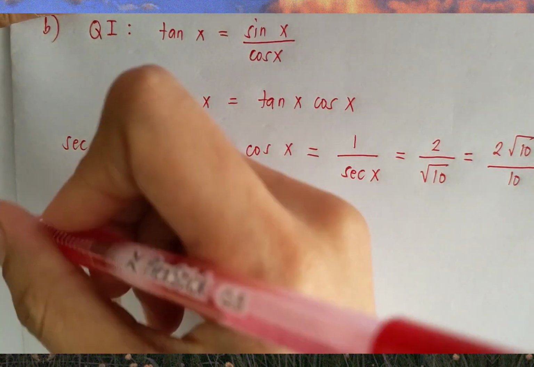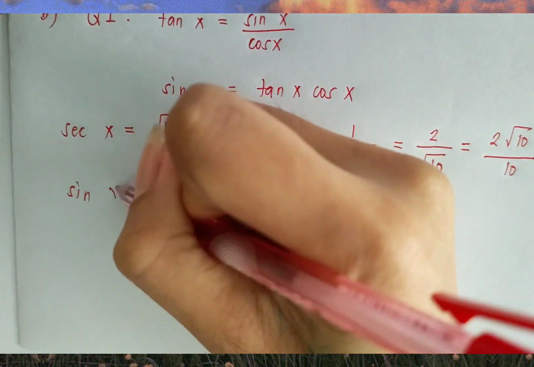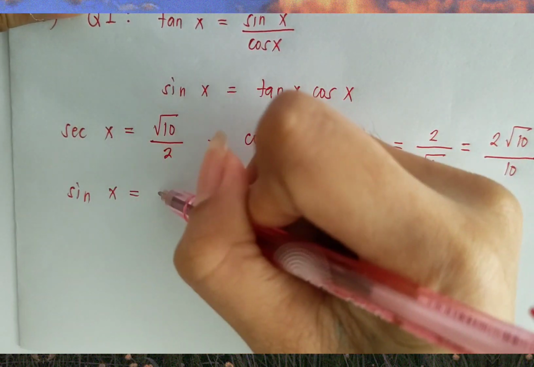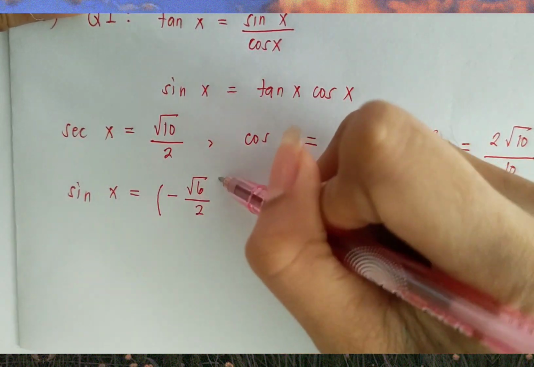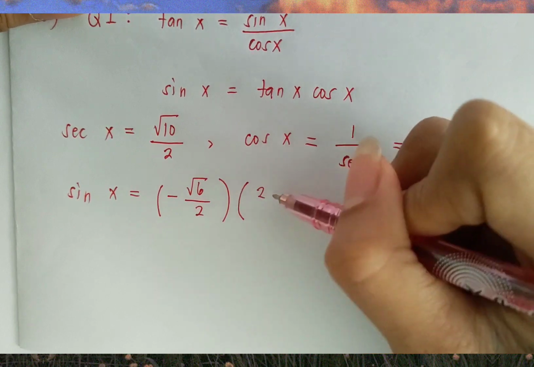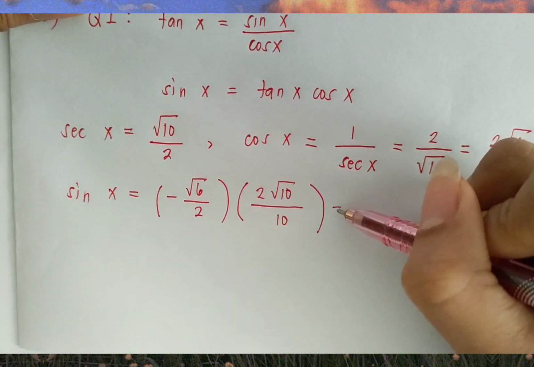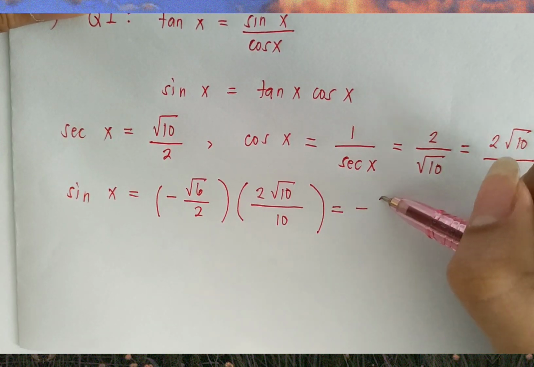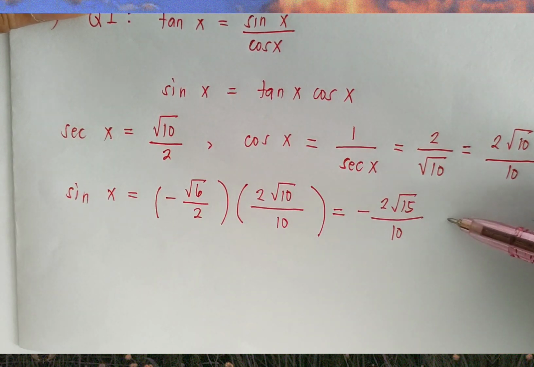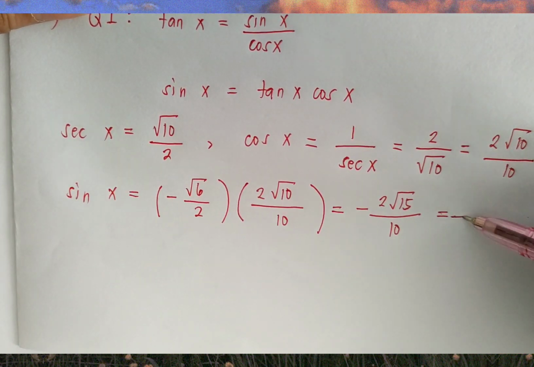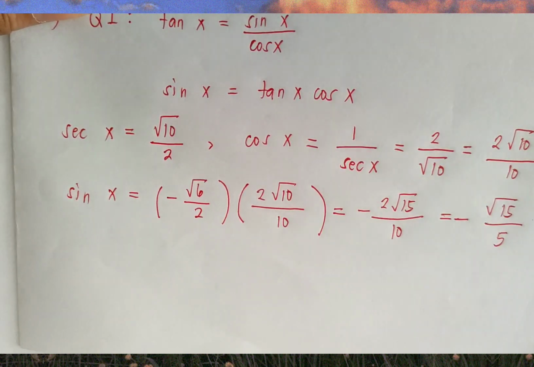Meaning to say, sine x is equal to the quantity of negative square root of 6 all over 2 times the quantity of 2 square root of 10 all over 10, equals negative 2 square root of 15 all over 10, which is equal to negative square root of 15 all over 5.